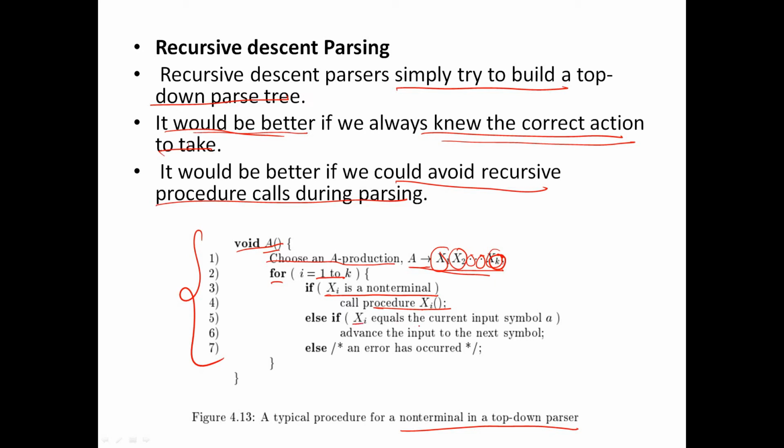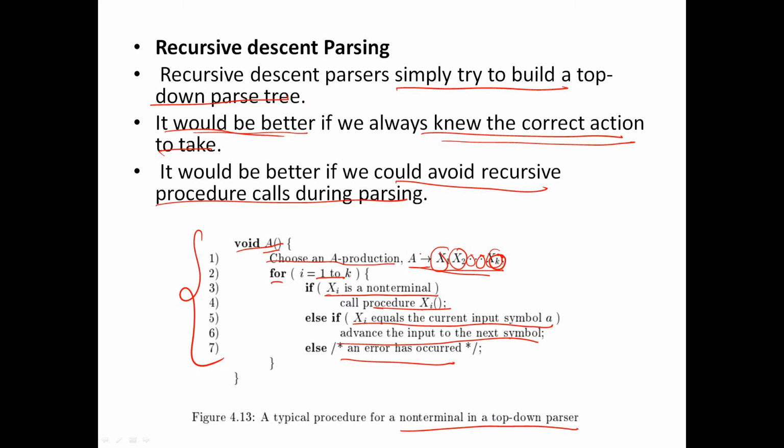Else if xi is equal to the current input symbol a, then advance the input to the next symbol. So I am omitting this symbol and choosing the next one, and else an error may arise. So this is a recursive descent parsing algorithm to construct the parse tree.